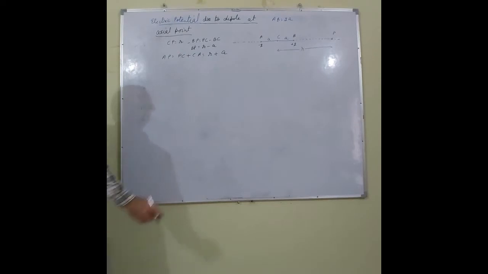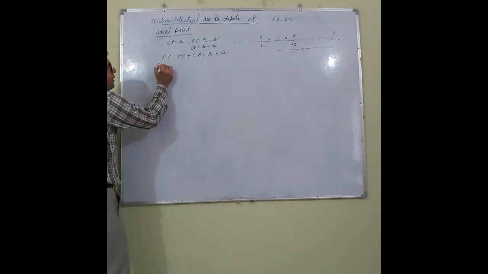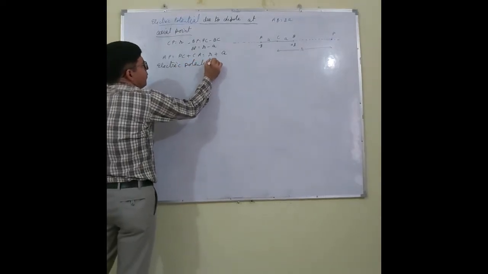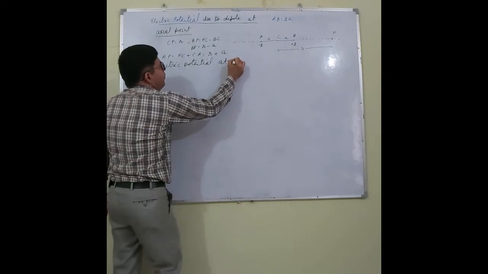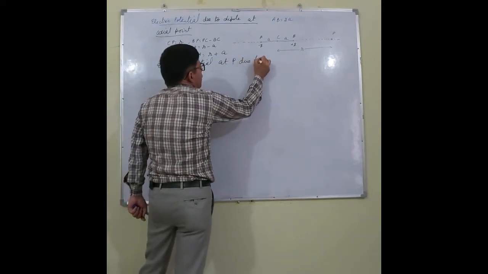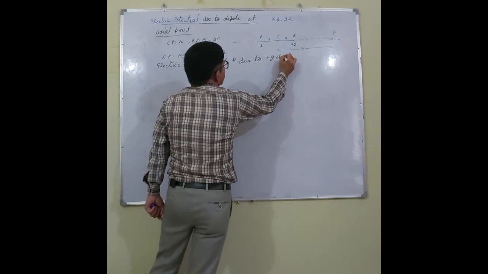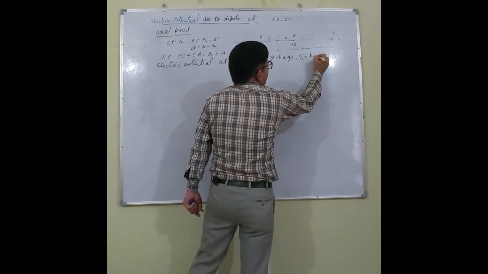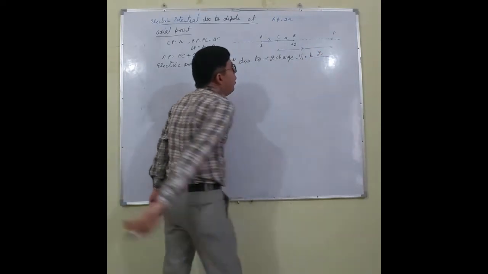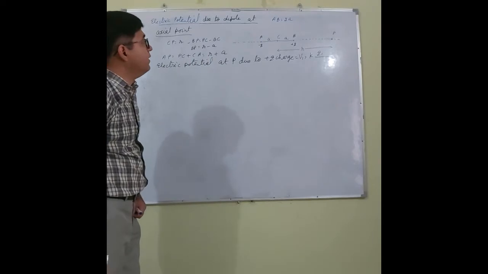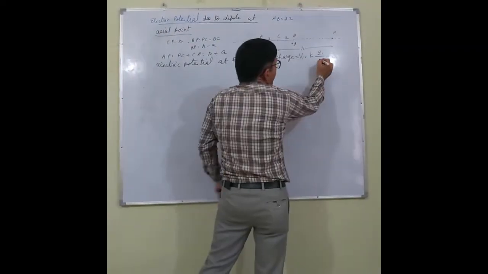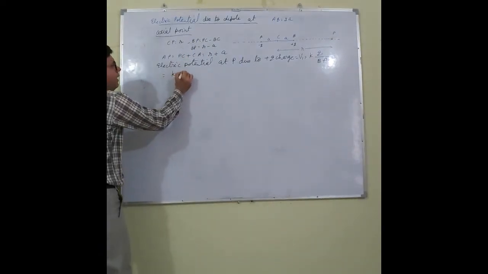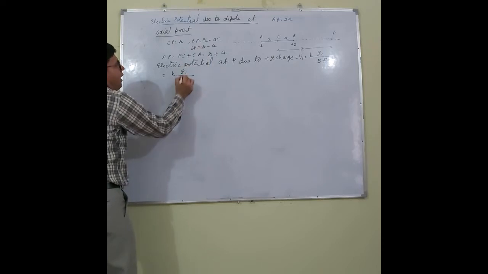Right? Now, electric potential at P due to plus q charge is V1, equal to K q1 upon distance. What is the distance of plus q charge? BP. So what is BP? BP is r minus a.